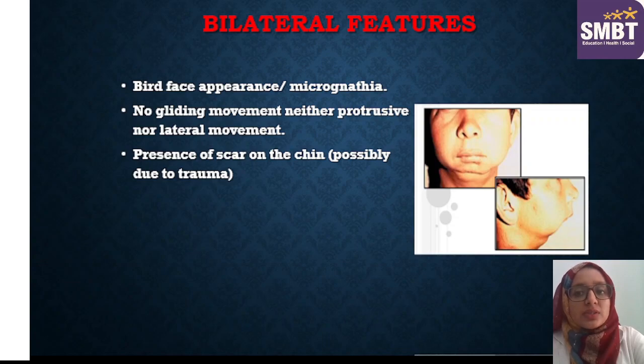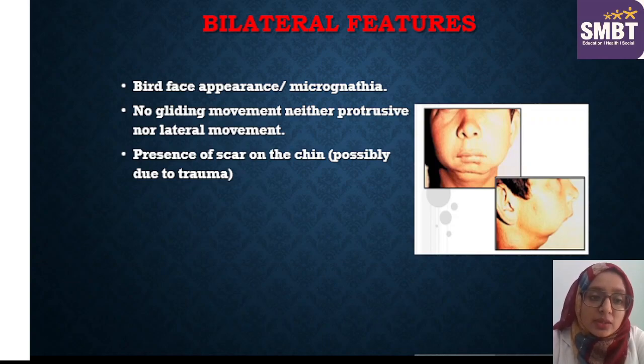Presence of scar on the chin, possibly due to trauma. As we have discussed in the etiological reasons of TMJ ankylosis, one of the traumas is while giving birth. In previous days, they used to use forceps for delivery.